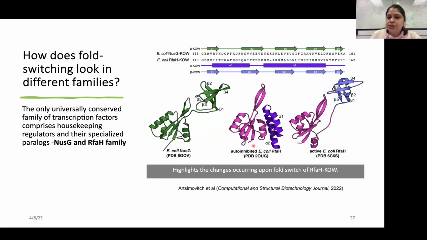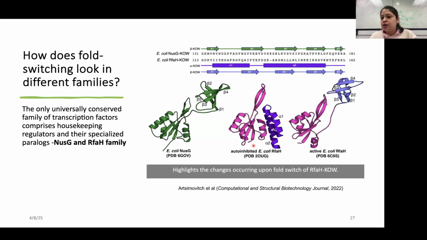But what we were interested in, and I'm going to show you a little data on this as well, because this is an ongoing project, is to look at how fold switching occurs in this family. So far, we have seen examples of evolved fold switching where mutations led to two different folds, but that doesn't occur in real time or at equilibrium as we saw for lymphotactin.